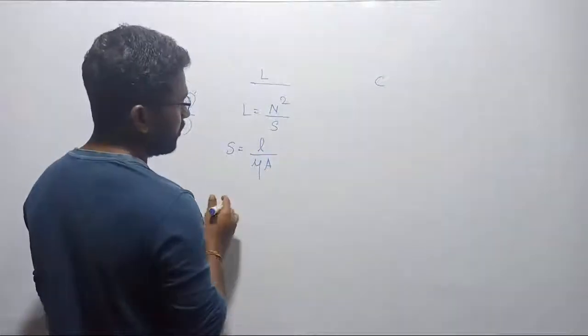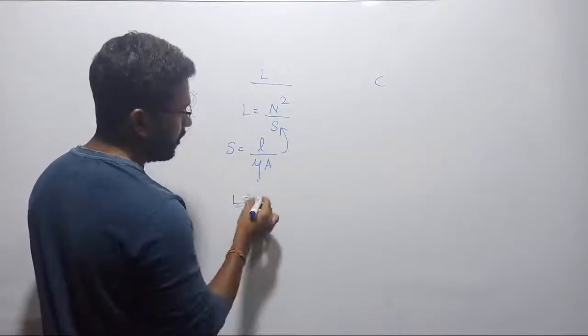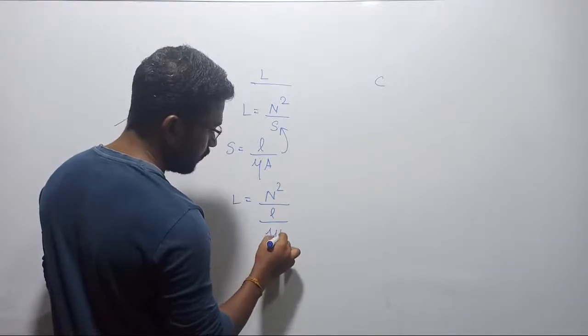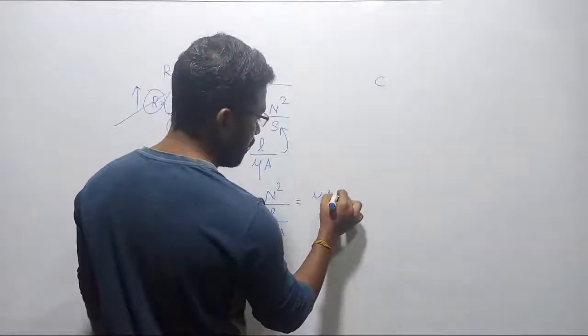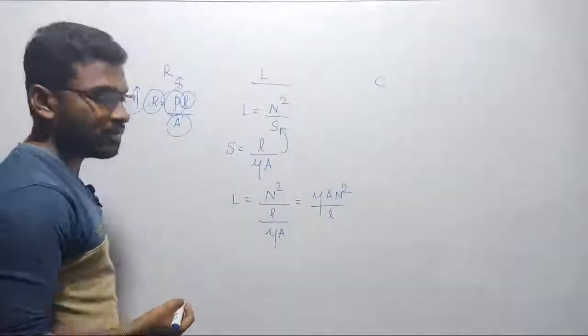Now, let us come back. Substitute this reluctance formula here, such that inductance L becomes N square upon L by mu times A. If I reduce this further, it becomes L = mu A N square by l. So there are four parameters.